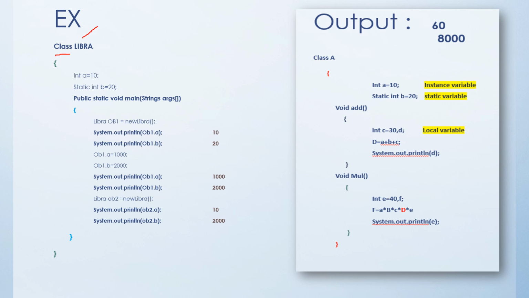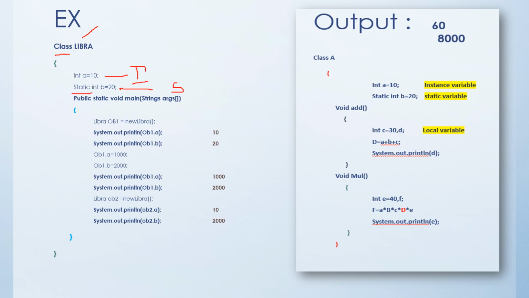In this class Libra, we have given int a is equal to 10, which is an instance variable. Static int b is equal to 20 is a static variable, because it has been marked with static.